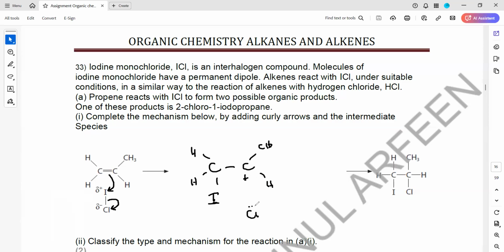The chlorine, which has a negative charge and a lone pair, will attack the positive carbon, the carbocation, and it will form the final product, which is 2-chloro-1-iodopropane. Is it clear?